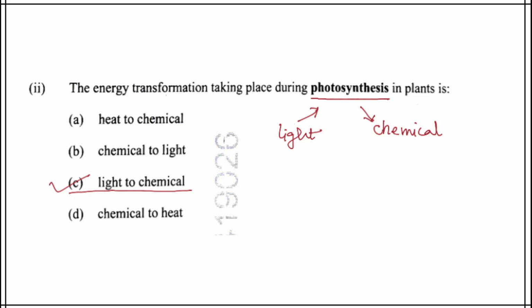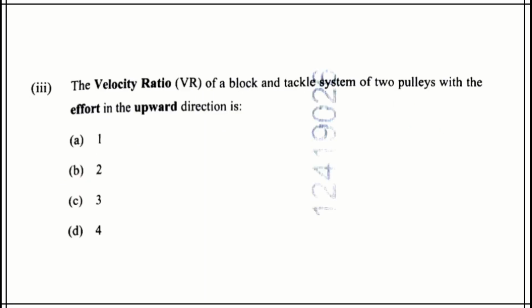Next question. Number 3. The velocity ratio of a block and tackle system of two pulleys with the effort in the upward direction. Options are option A 1, option B 2, option C 3, and option D 4.